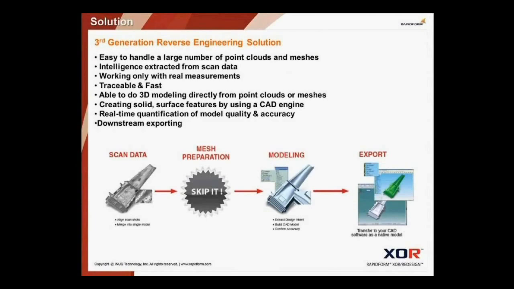Then there was the invention of the third generation reverse engineering solution, which started with Rapidform XOR. In Rapidform XOR, we have a huge number of point clouds and meshes to handle, and we can extract the intelligence from the scan data. That means the plain scan data of the mesh is just information of triangles in space, so it has no information about features.